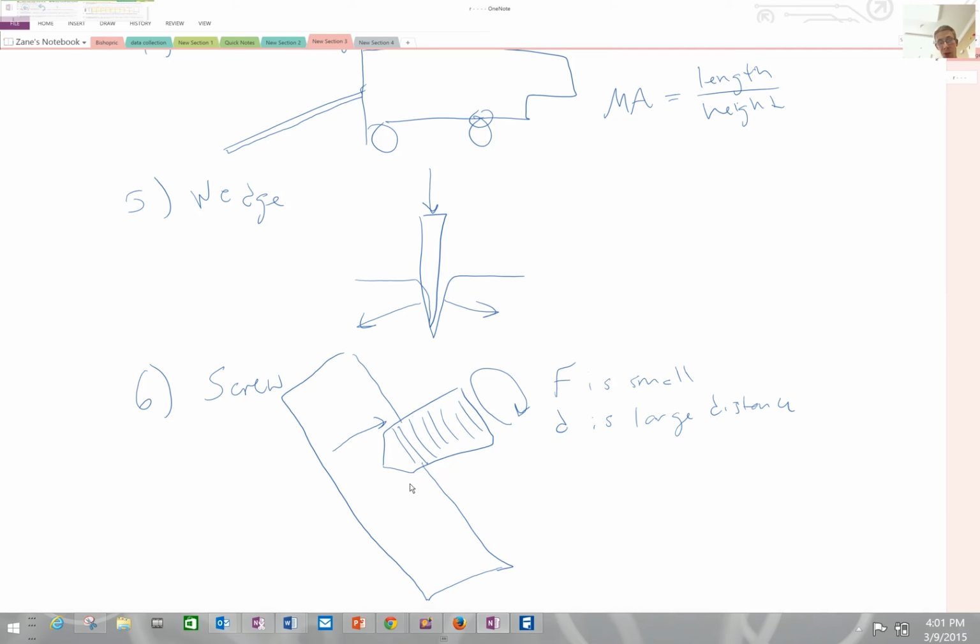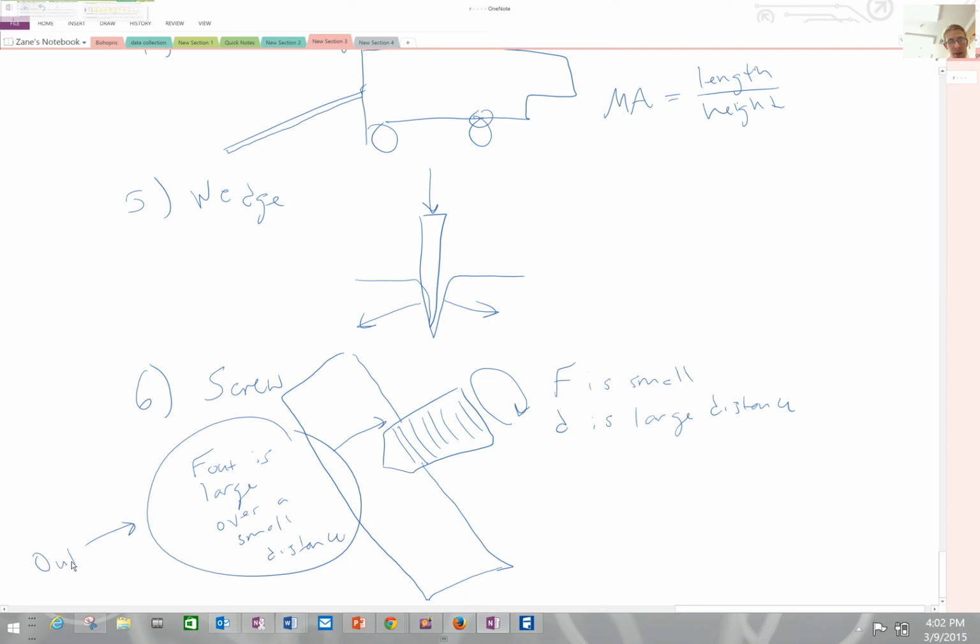Whenever you turn a screwdriver, you're securing this screw inside this object. So the resulting output force is very large. So I'm going to say F out is large over a small distance. Remember, this is output. This is input. Okay?